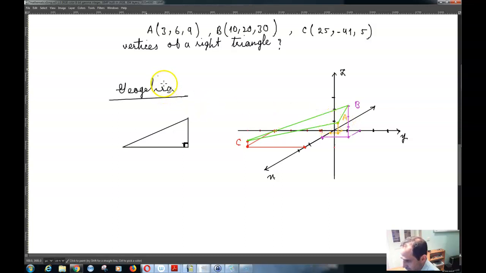And of course, GeoGebra does not look at the angle; it calculates the angle in the background, and then gives you a number. So this number is coming from algebra. So if GeoGebra gives you a 90-degree angle over here, then of course you can trust it, and you can say that this angle is 90 degrees.